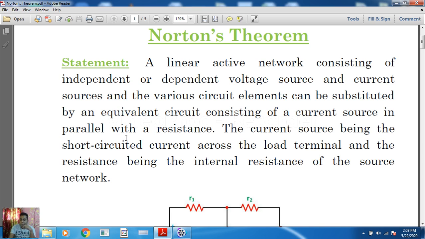Coming over here, first the statement of Norton's theorem. I think I have given a small overview of what Norton's theorem is.